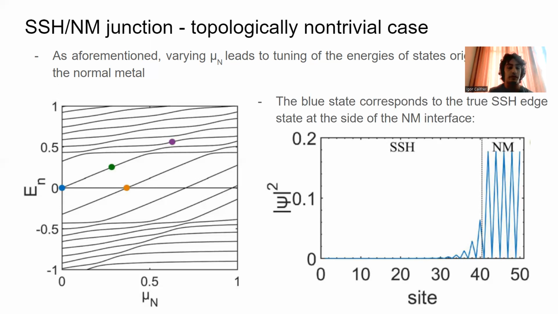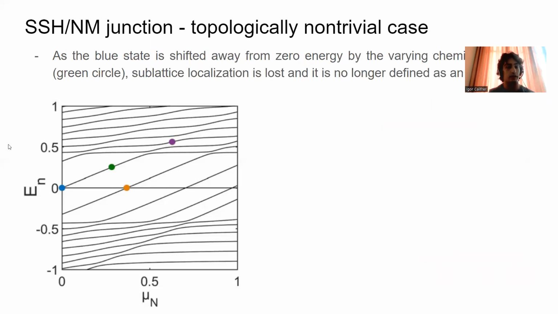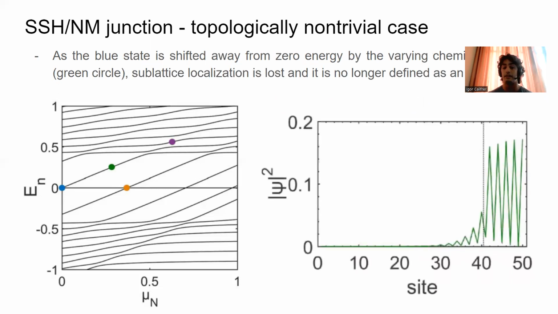As we move away from zero energy by increasing the chemical potential of the metal, look at the green circle, which has an energy that is different from zero, and its characteristics already deviate from those of the topological edge state.